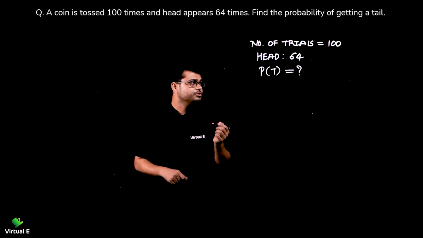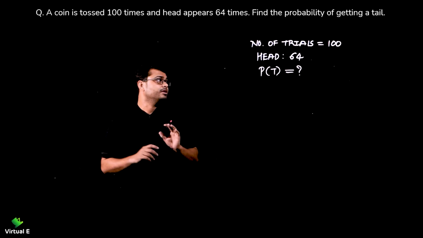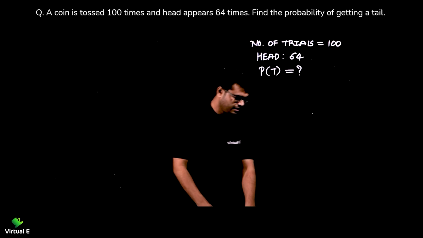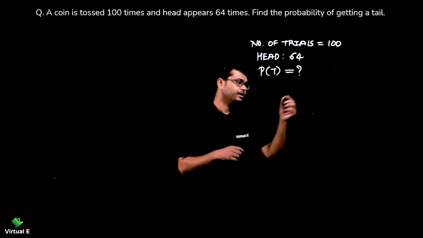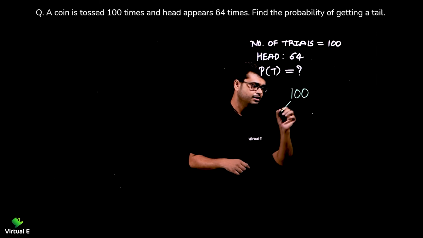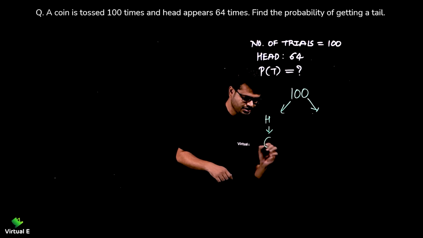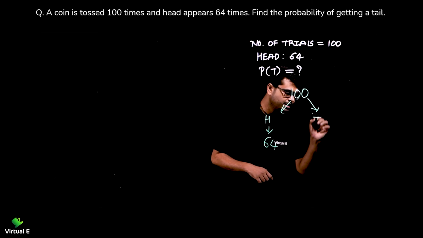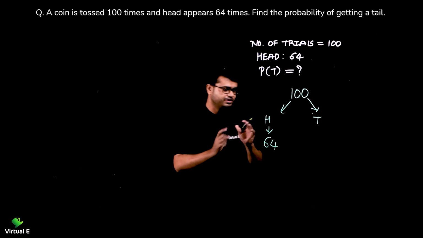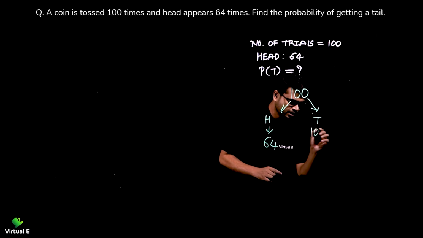Now this is an interesting question and easy as well. You just need to think in a proper way. Let's say there are 100 outcomes, 100 is the number of trials, and head appears 64 times, then how many times is tail going to appear? Think of it. It's very simple logic. That is 100 minus 64, right?